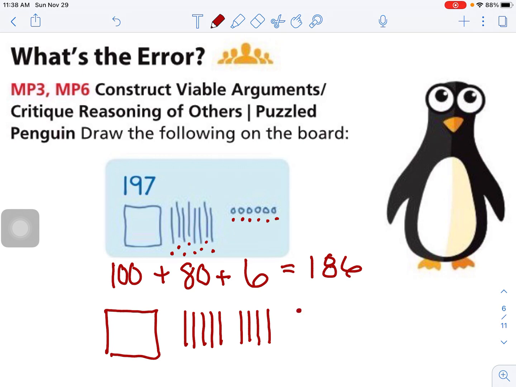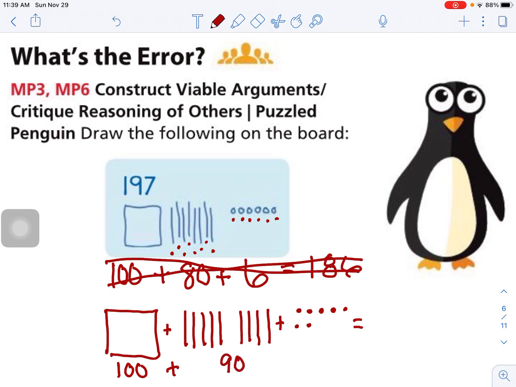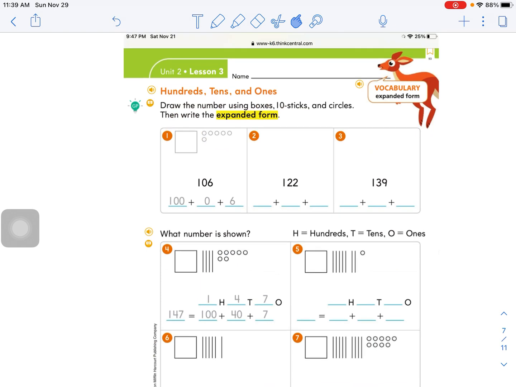I wonder if he would have done 1, 2, 3, 4, 5, 6, 7. That would have been a lot easier to look at. And then I can see that this is wrong, Puzzled Penguin, and he has now made the right one with 100 plus 90 plus 7 to equal 197.